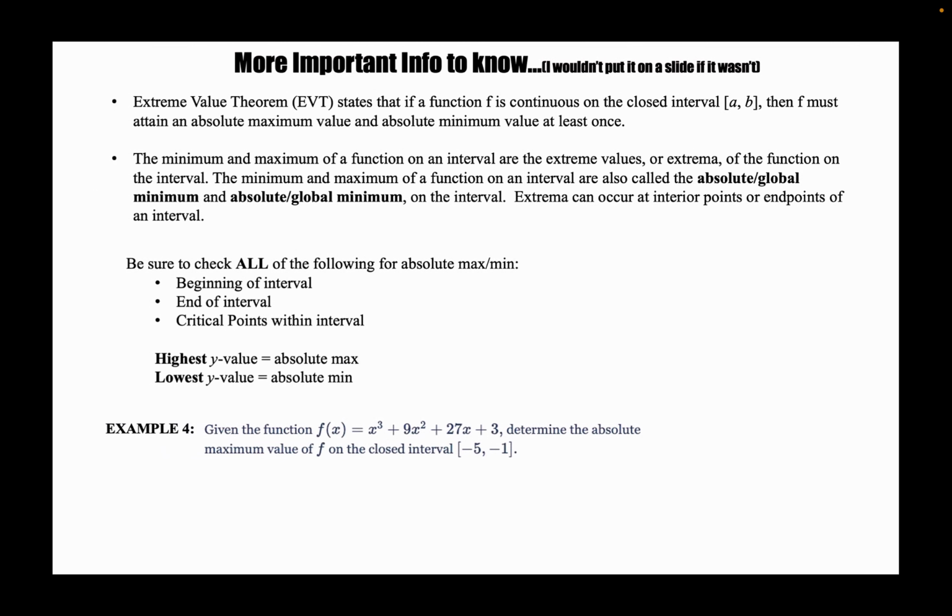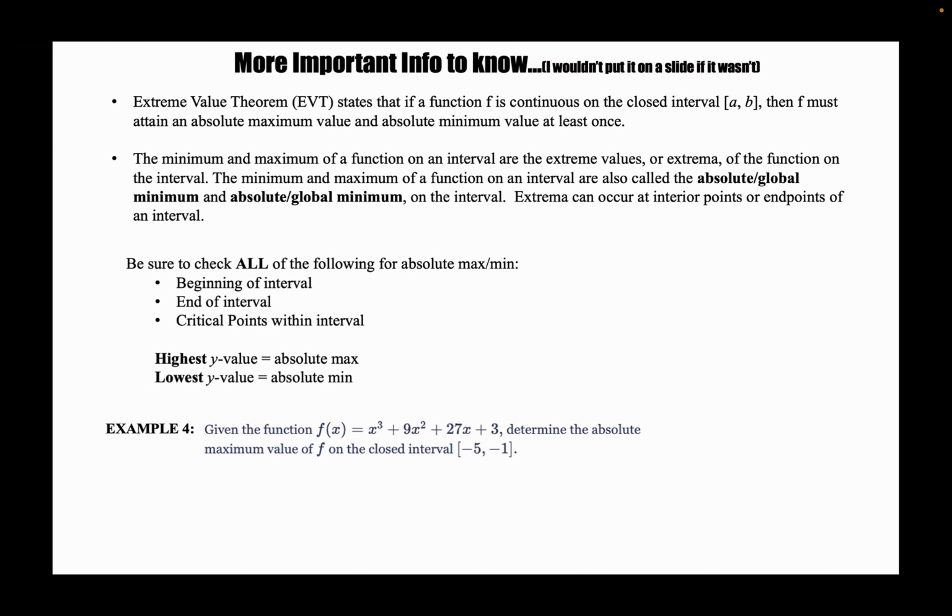So, the extreme value theorem. You don't need to know the name of it, you just need to know what it does. It states that if a function f is continuous on the closed interval from a to b, then f must have an absolute maximum and an absolute minimum at least once.